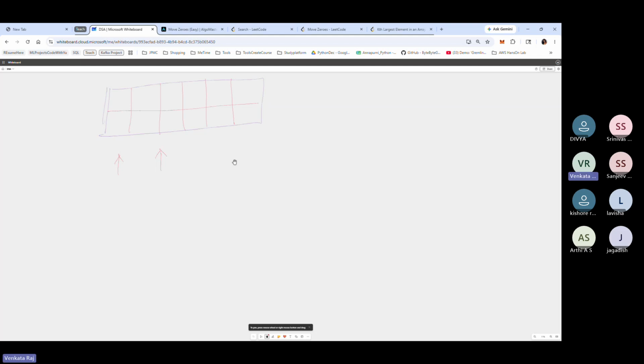Now let's assume we have 0, 3, 4, 2, 0, 1. And the first pointer will keep track of the zero's position.